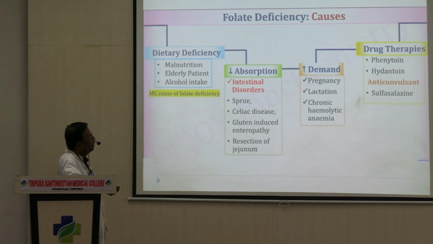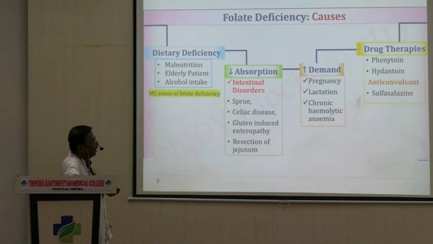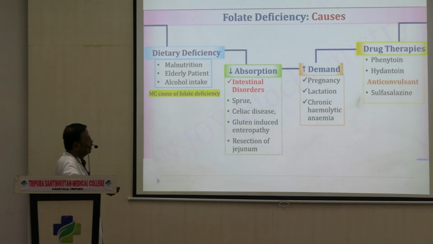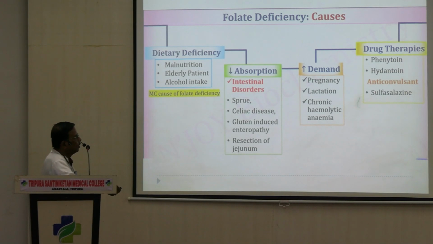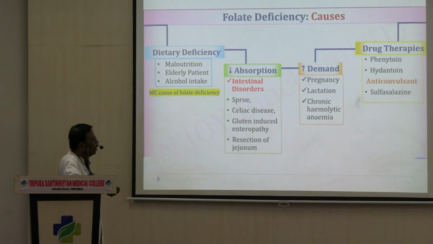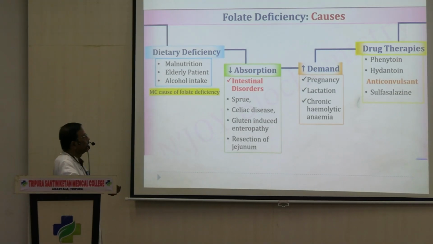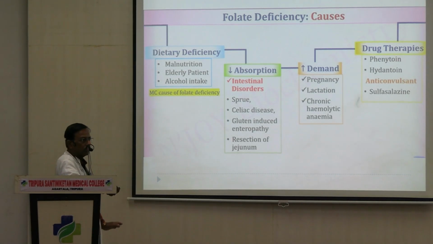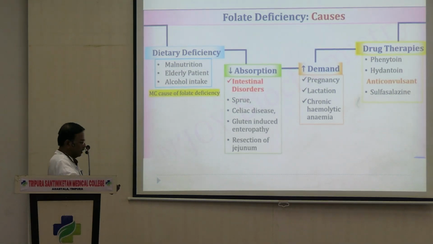Then drug therapy like phenytoin, hydantoin, anticonvulsants and sulfasalazine. These will cause folate deficiency. These drugs are structurally similar to the folic acid structure, so they inhibit the synthesis of folic acid.